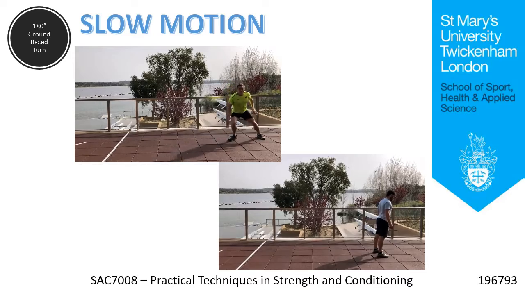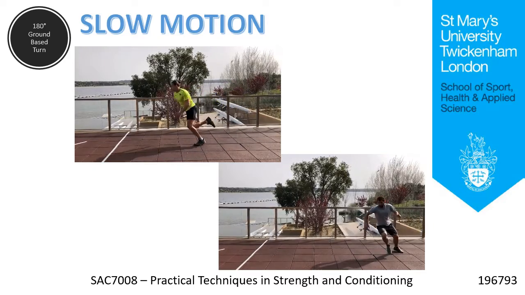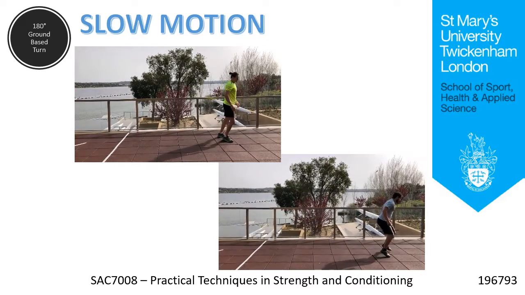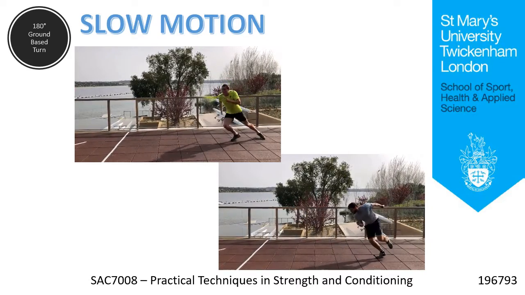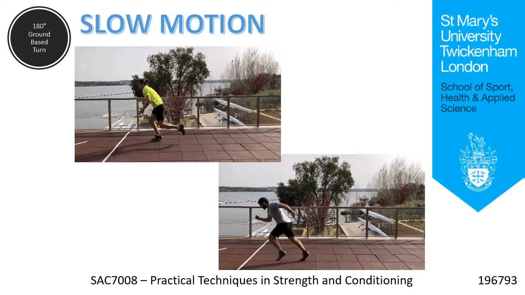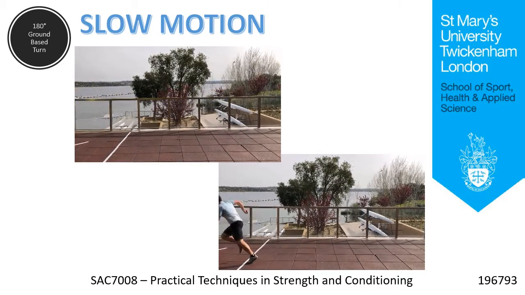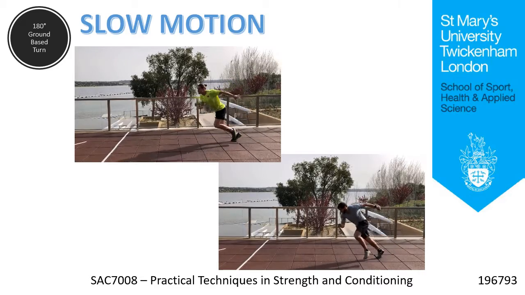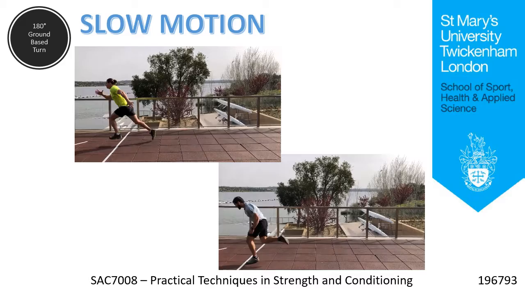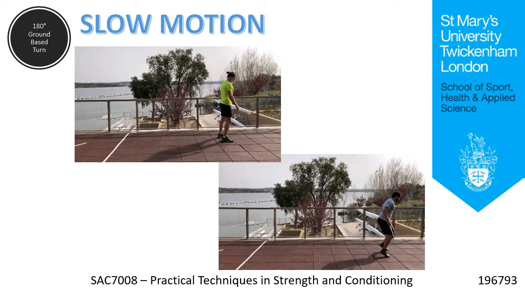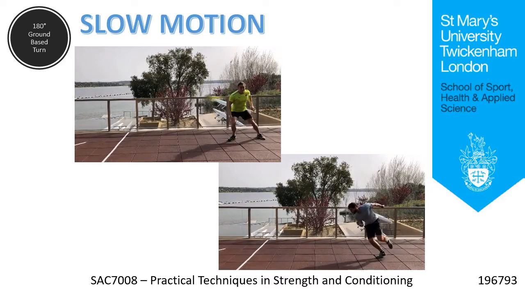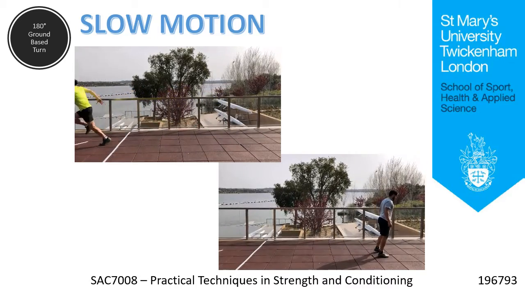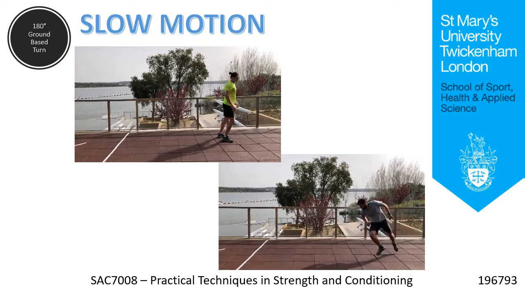In slow motion, we can see that both athletes start by stepping back before initiating the rotation, which could be a way of using the stretch shortening cycle to increase the velocity. Even though they do that, the first athlete is able to position his first foot parallel to the new direction, increasing his acceleration, while the second athlete is not capable of achieving the same direction with his first foot.